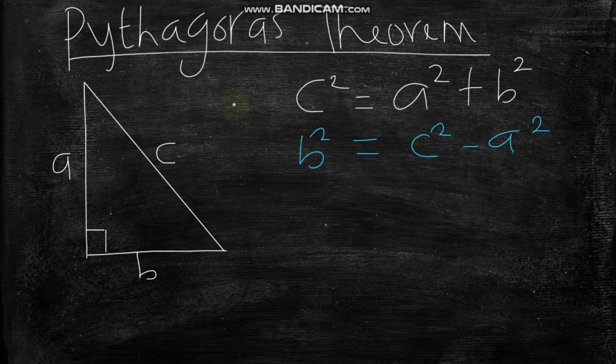And also, if we want to find A, we have a squared is equal to c squared minus b squared. So those are the other deductions we can get from the Pythagoras theorem. So let's delve into some examples.